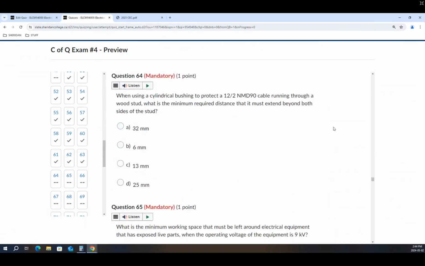When using a cylindrical bushing to protect 12-2 running through a wood stud, what is the minimum required distance? It must extend beyond both sides of the stud.